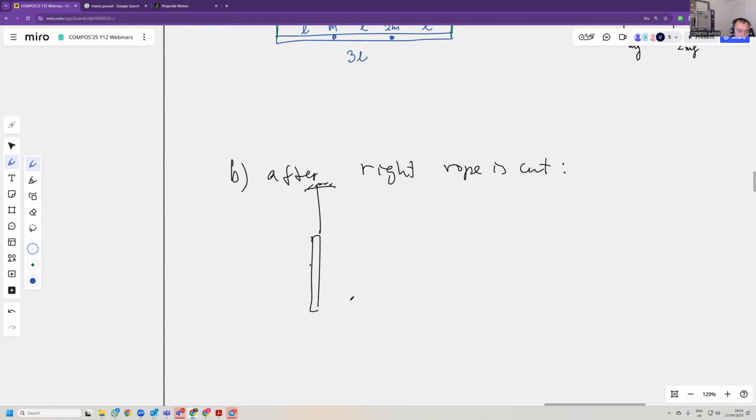So you have the whole rod hanging from a single rope, and that's a much easier question. So there's a tension, and obviously there are two masses here, mg and 2mg, and TL is equal to 3mg. That's an easy one, TL dash.